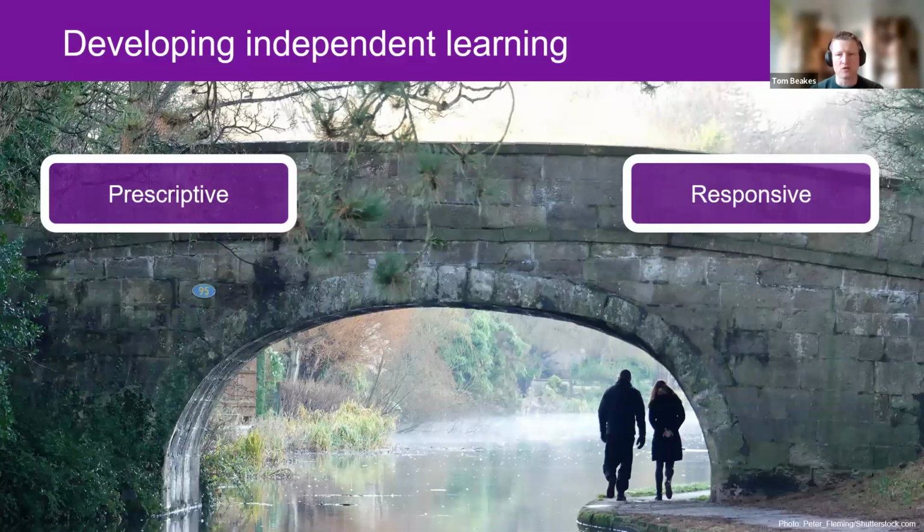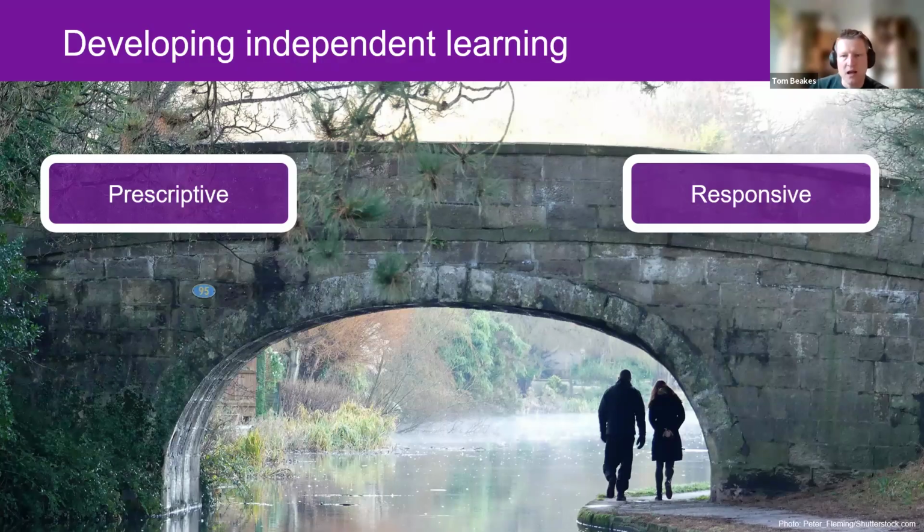Therefore, there's a broader range of choices if we think about all the different types of annotation we've just talked about. And the idea here is that this responsive approach is going to lead to much more independent use because the decision making is coming from the learner. It's going to lead to more experimentation, and it's going to lead to learners figuring out what works for them, which again may look significantly different from learner to learner.